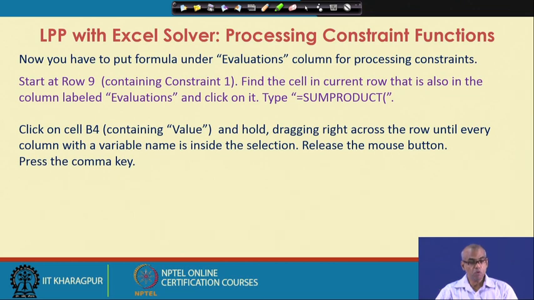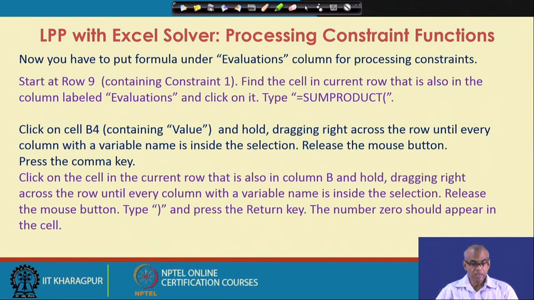Click on cell B4 containing value and hold, dragging right across the row until every column with a variable name is inside the selection. Release the mouse button, press the comma key. Click on the cell in the current row that is also in column B and hold, dragging right across the row until every column with a variable name is inside the selection. Release the mouse button, type closing first bracket and press the return key. The number 0 should appear in the cell.